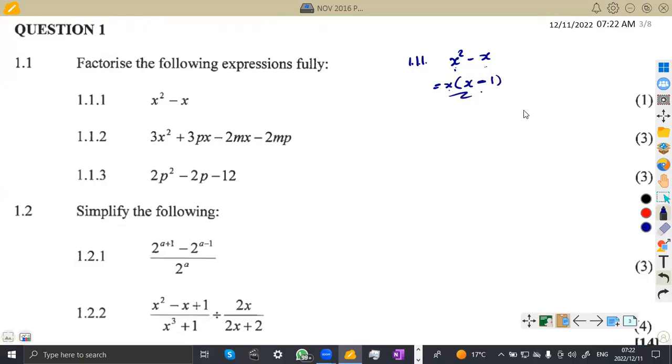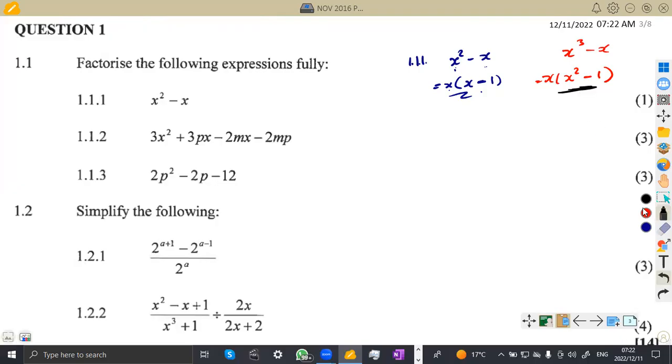So as you can note, there's nothing else that we can do. Take note, do not confuse yourself with this question, which can be asked like x cubed minus x. For this typical question, if you factor out x here, you are going to remain with x squared minus 1. The x squared minus 1 is a difference of 2 squares.